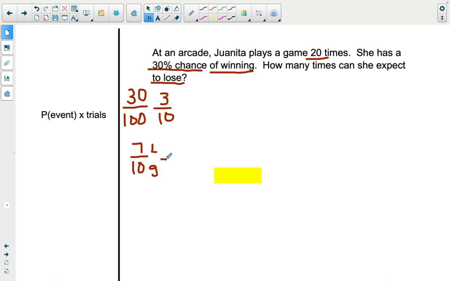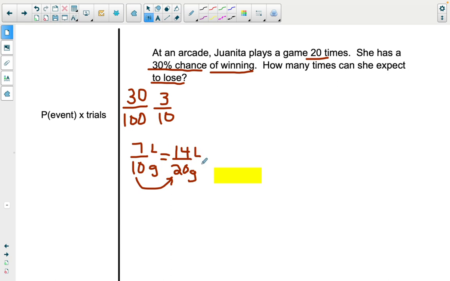But she's playing 20 games. How do we get from here to here? We multiply by 2. 7 times 2 is 14. She would expect to lose 14 of the 20 games.